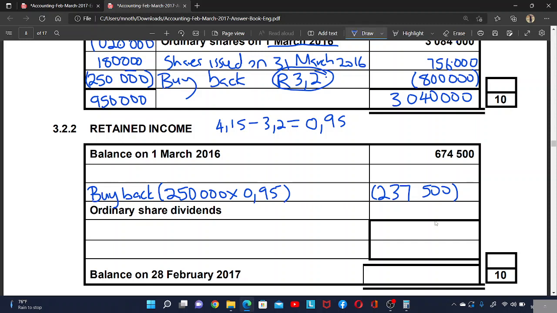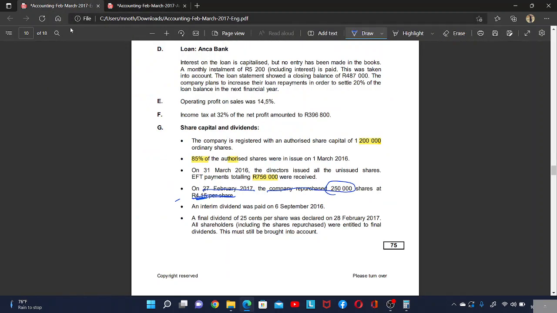Then here we have the net profit after tax. Okay. Let's continue. Interim dividends were paid on 6 September 2016. So let's go and check the interim.